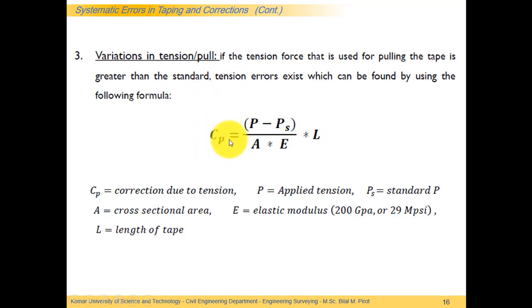The formula is like this: Cp is the correction due to tension, equal to P minus Ps. P is the applied tension, Ps is the standard tension.